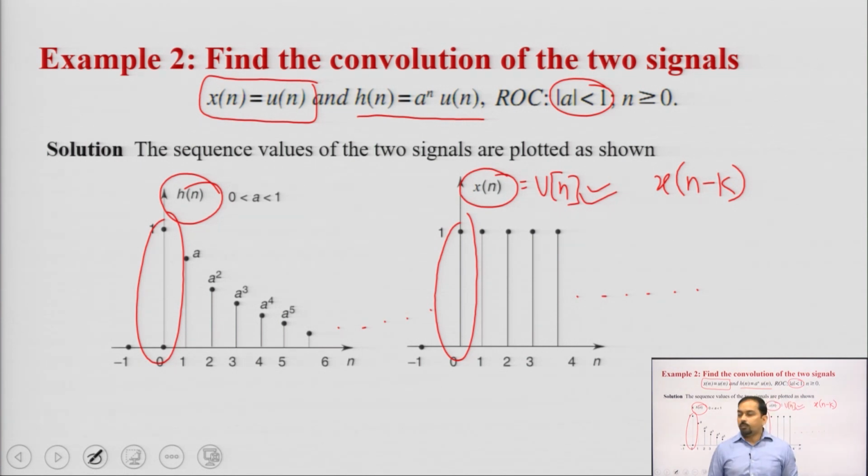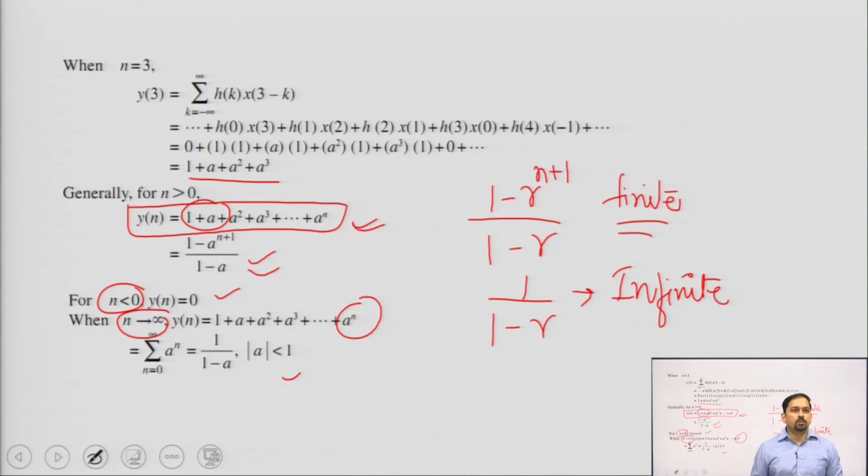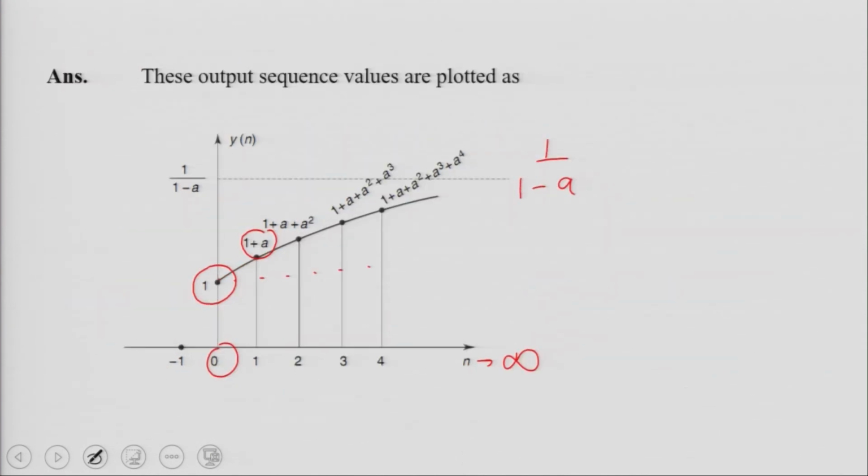In this case, both sequences h of n and x of n are of infinite duration, and we have performed the convolution of these two discrete sequences of infinite duration. If one signal is finite and the other is infinite, that is quite an easy case. So, this is the output.